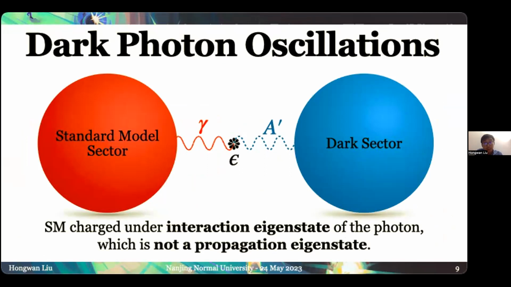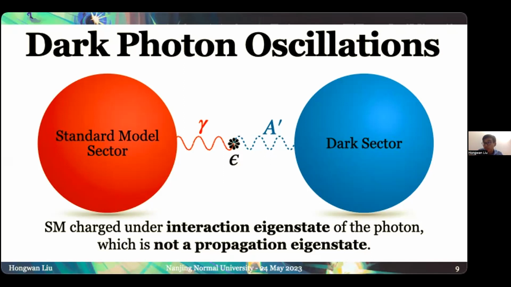Of course, you're right, the generic loop diagram that you would write down with order 1 couplings would give you an epsilon that is 10 to minus 1, 10 to minus 2. But for example, one simple thing that you could do is if you have cancellations in the loop, then you're suppressed by something like log of the 2 masses. That's one way in which you could bring the couplings down.